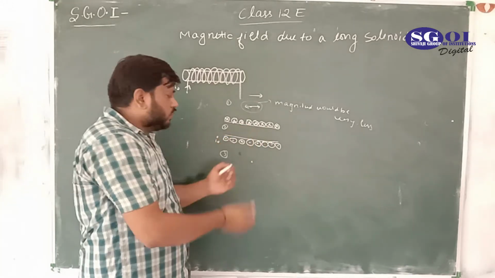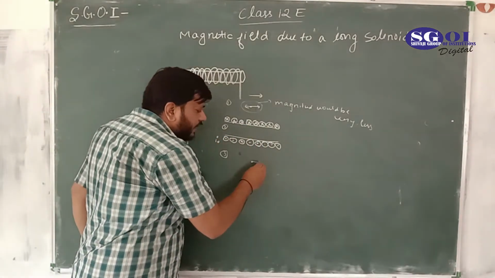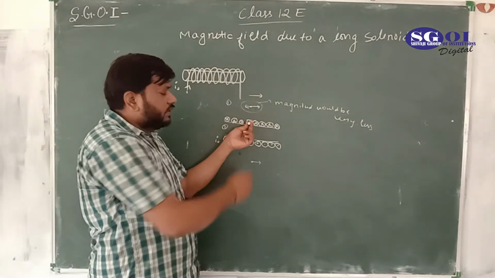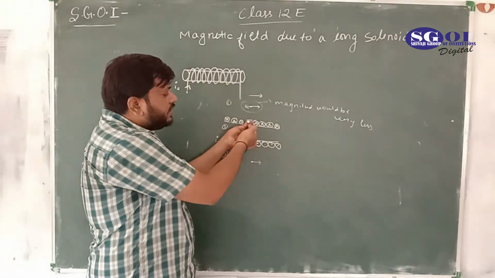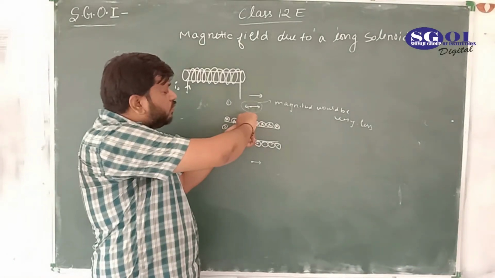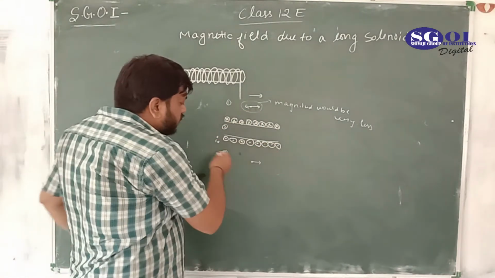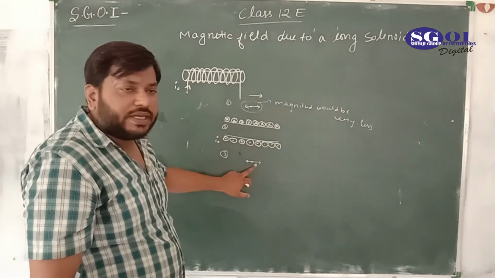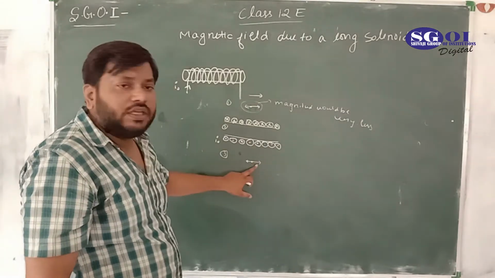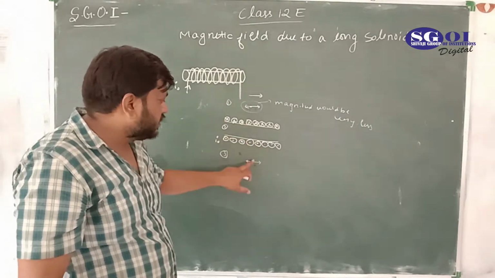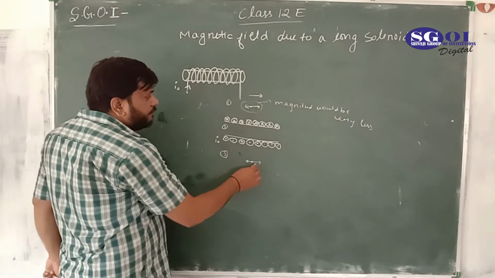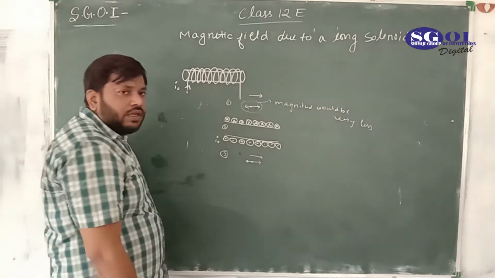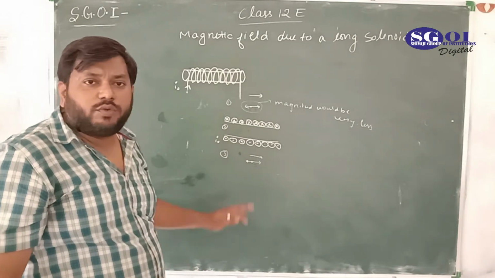Now we would move the screw here, so the lower part is going here. But the magnitude of the magnetic field because of this element would be large as compared to this. So the resultant magnetic field would be in this direction, but the magnitude would be less.